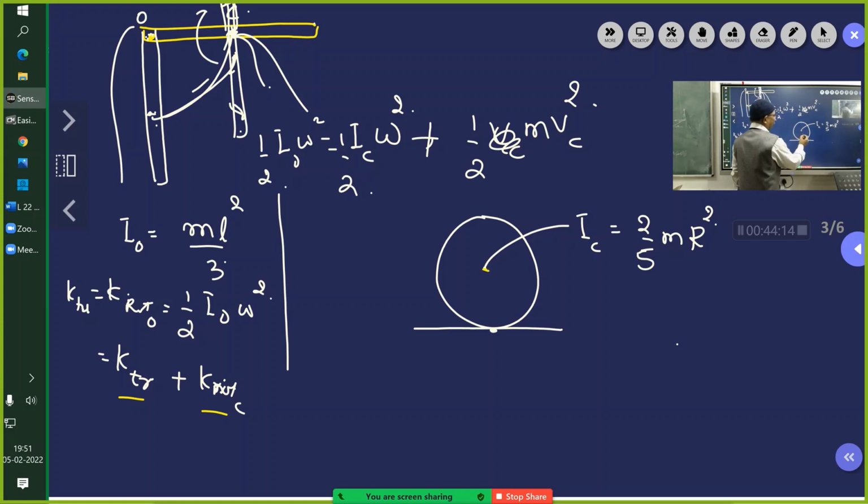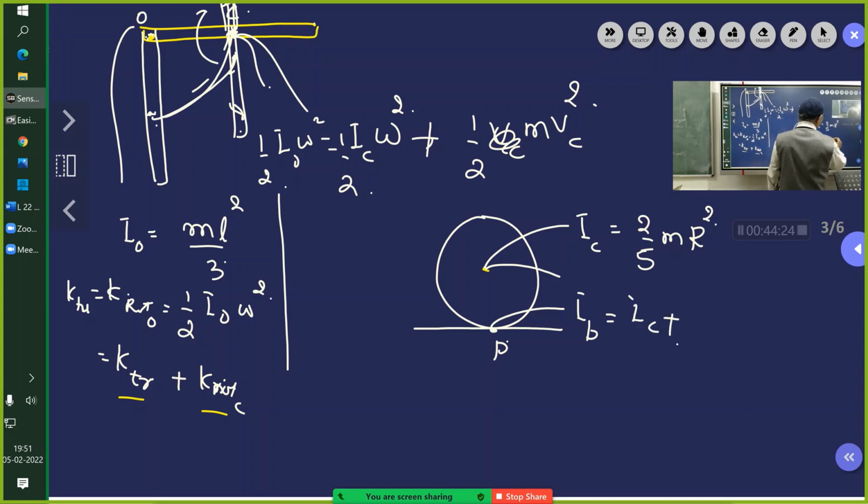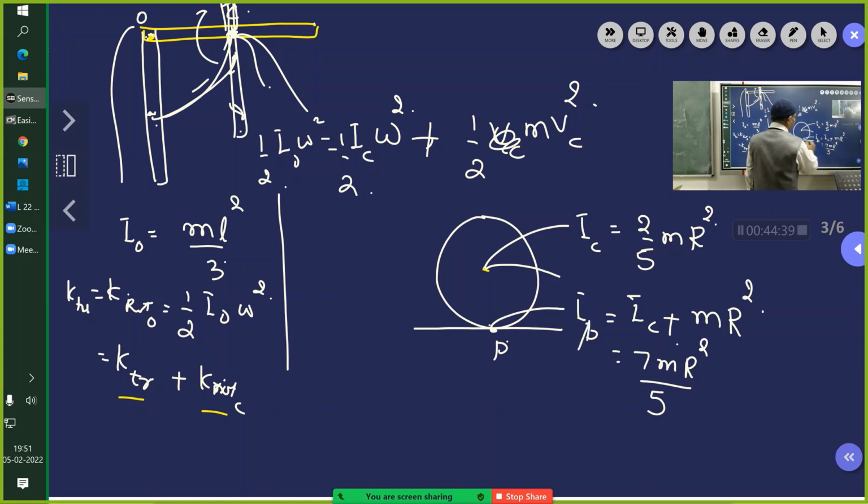So here is IC, and about this point P, it will be IC plus mR squared. If you add, you will get 7/5 mR squared about the point P, using the parallel axis theorem.